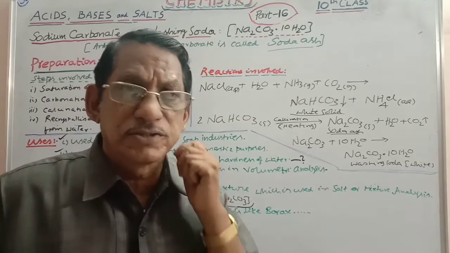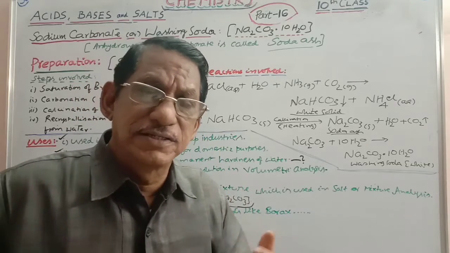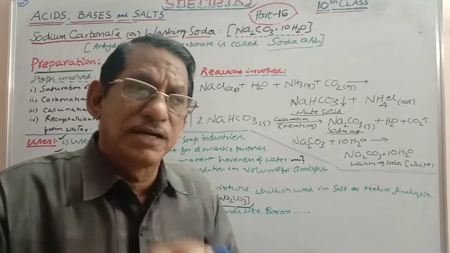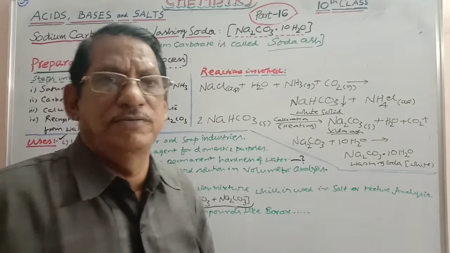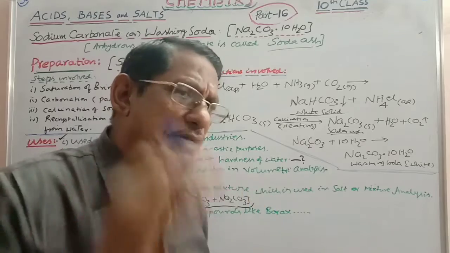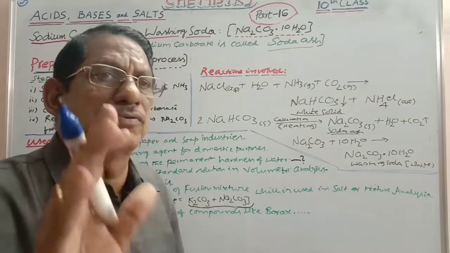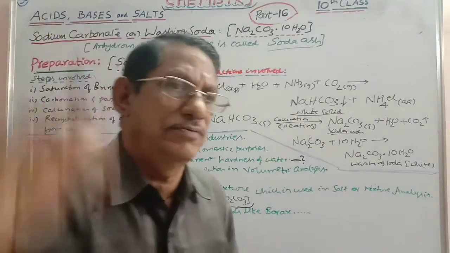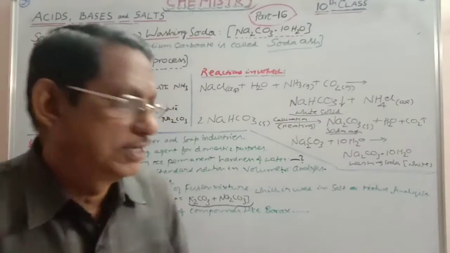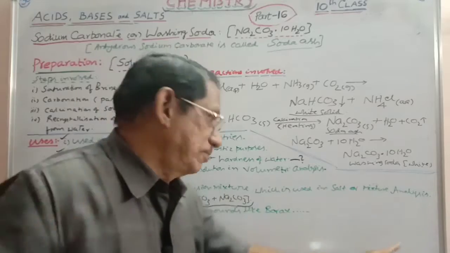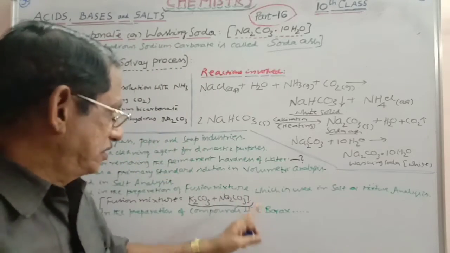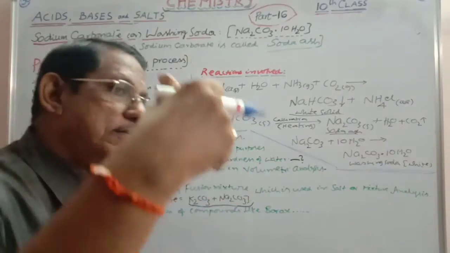Any mixture you take with fusion mixture will become soluble in a particular solvent. That is why fusion mixture is taken in mixture analysis, provided the mixture is insoluble in any solvent. This is the procedure. Okay. Generally, you will do this at the PG level.